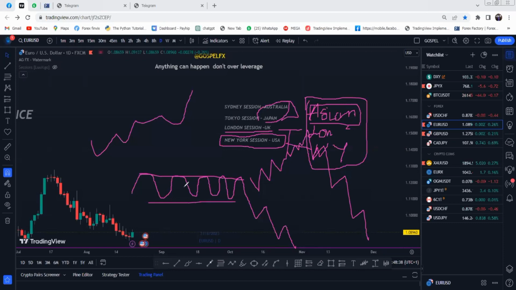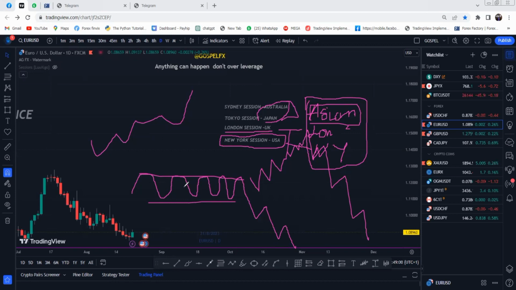Now, this should not be too hard for you, because there are indicators that you can use, and they will mark these particular times out for you on your chart. Remember the topic we are talking about, time and price. The Forex market, as you should know by now, operates 24 hours a day, 5 days a week.